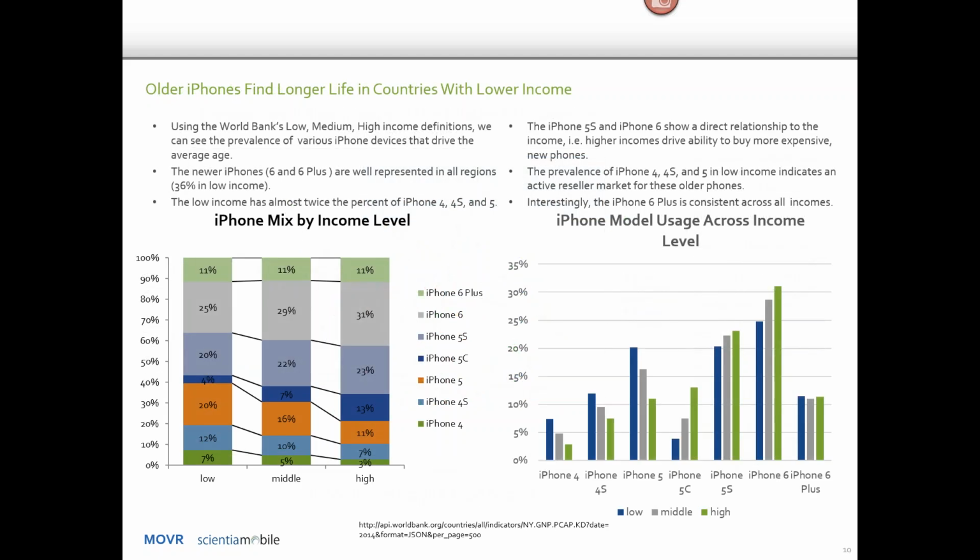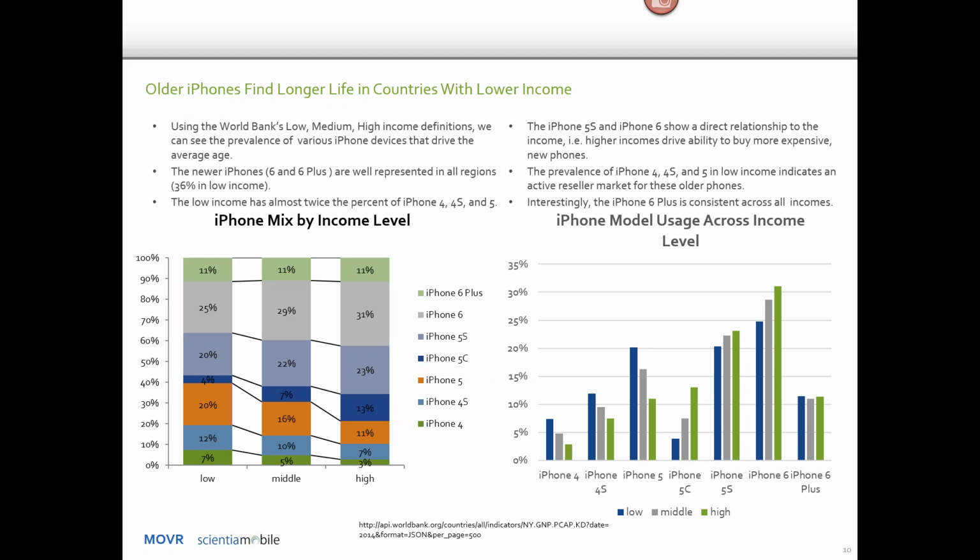One of the things we did is we dove into the iOS side of this and said, let's look at the mix of these different devices. You can see that we divided the countries up into the same system that the World Bank uses, low income, middle income, and high income, and looked at the mix of different devices being used there. You can see that the iPhone 6 is probably the most popular device across all of them.